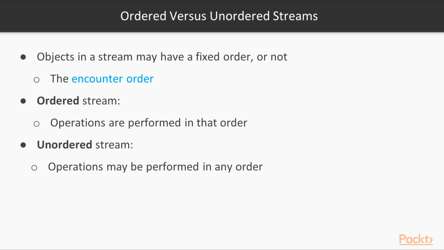And if you're dealing with an ordered stream, the operations that you perform on it are going to be executed according to the encounter order. On the other hand, if you're dealing with an unordered stream, operations may be performed in any order, meaning there's no specific guarantee on the order in which they're going to be executed.